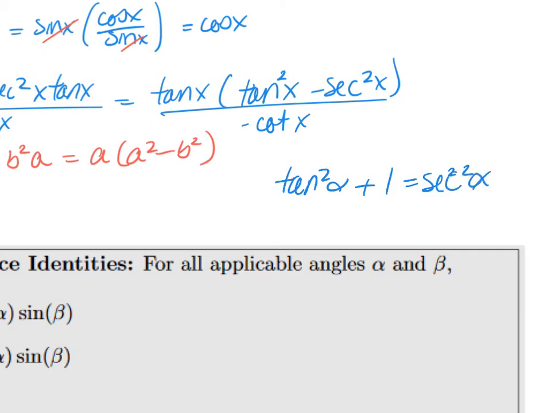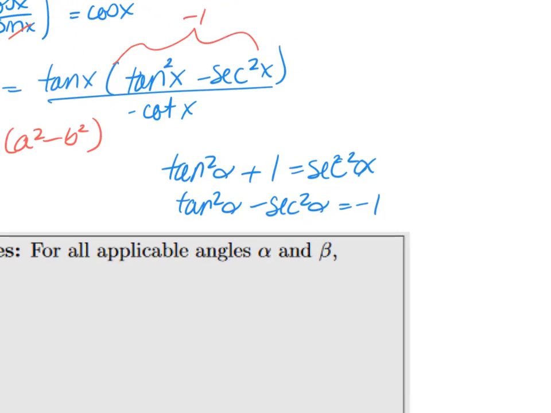Alpha, we'll call it alpha. So I can rewrite this and say tangent squared alpha minus the secant squared alpha is equal to negative 1, subtracting secant squared from both sides and subtracting 1 from both sides. So what does that mean up here? What can I replace all of that with? I can replace that with a negative 1.